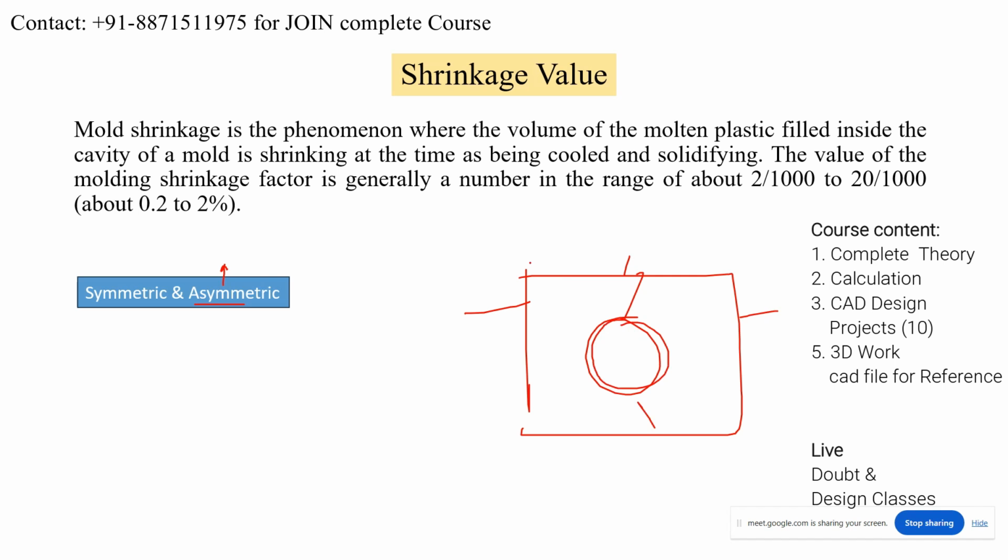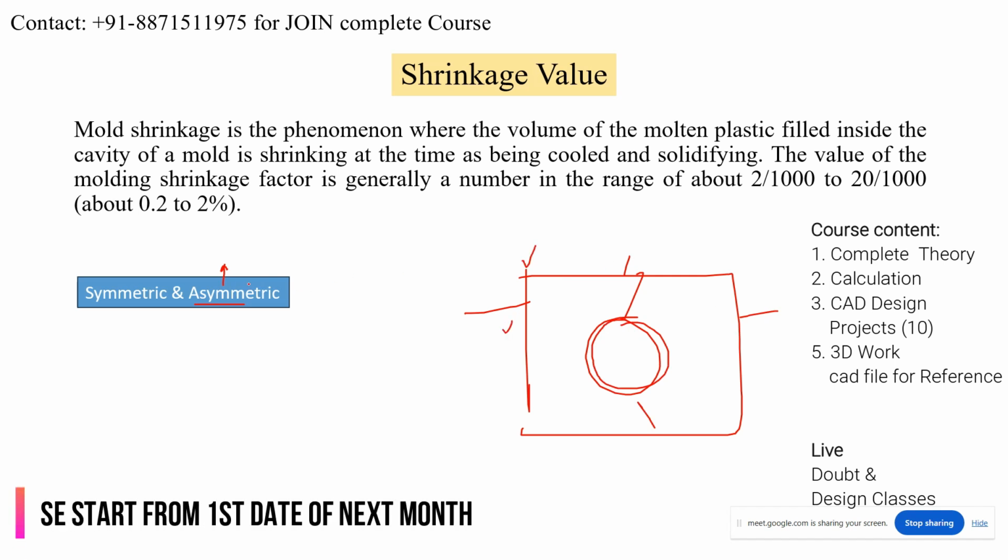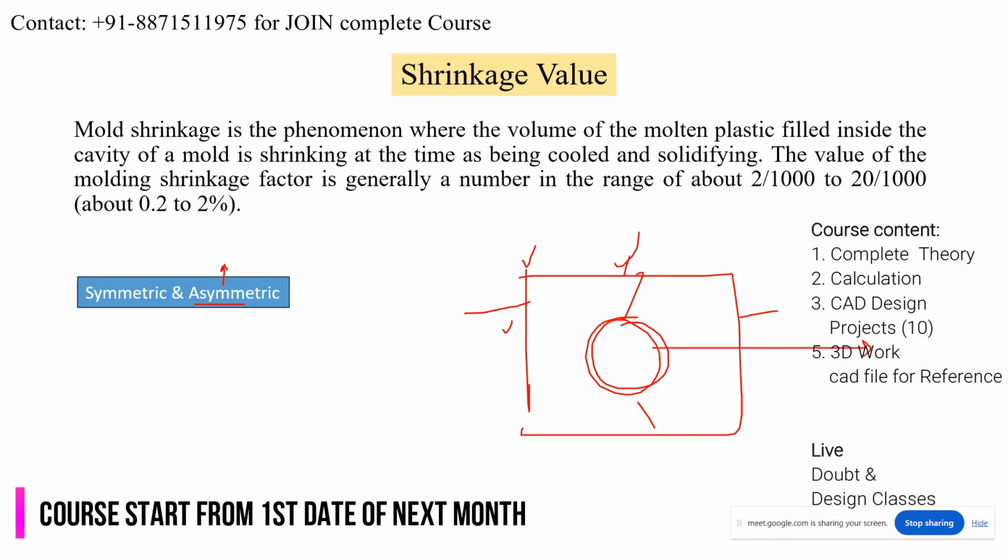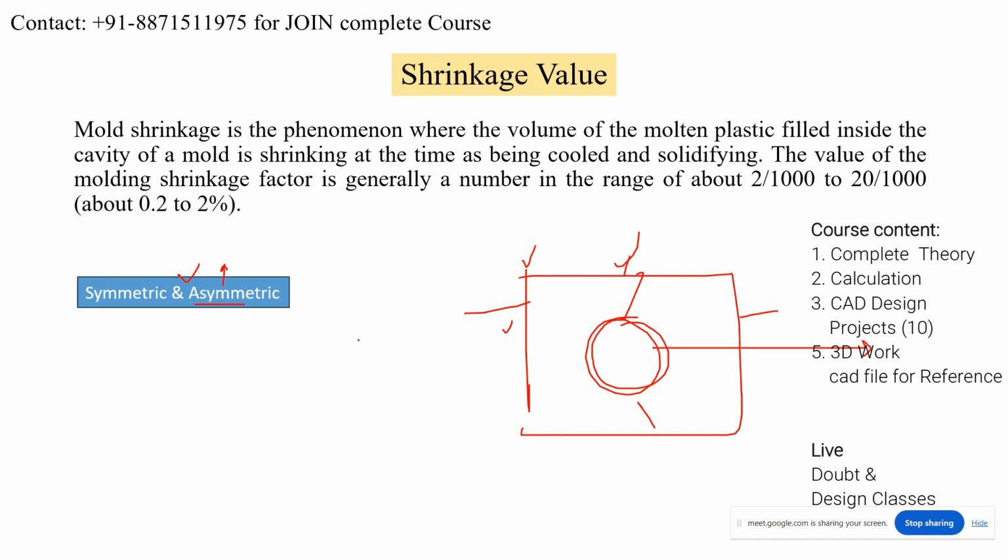We provide the normal shrinkage value to the other dimensions, but for this specific dimension we provide the asymmetric shrinkage, because we are trying to control this dimension, right or wrong? Yes, within a limit. And for other dimensions we provide symmetric shrinkage.